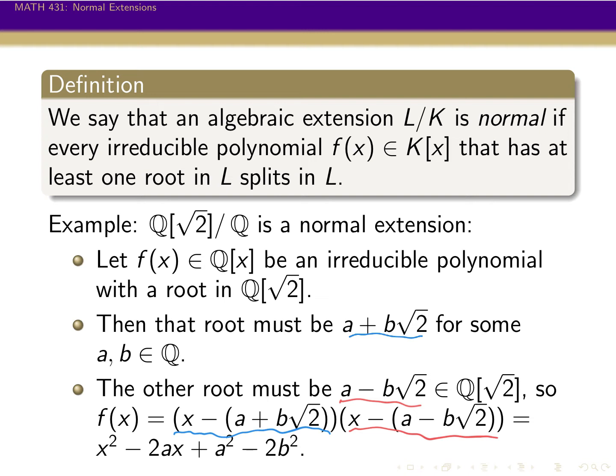And because we know what the roots are, we know that it doesn't split in Q, and so it must be splitting in Q adjoin square root of 2, because both of these elements are in there. And this is true for any element in Q adjoin square root of 2 that's not in Q. We can do this process. And so all of their irreducible factors, all of their minimal polynomials over Q are going to split in Q adjoin square root of 2.